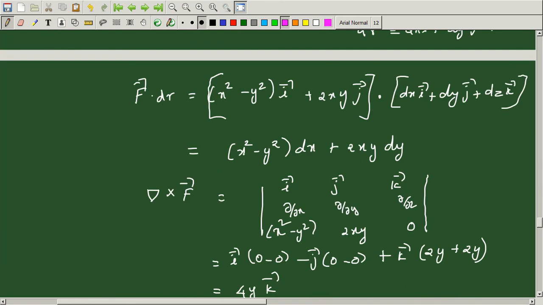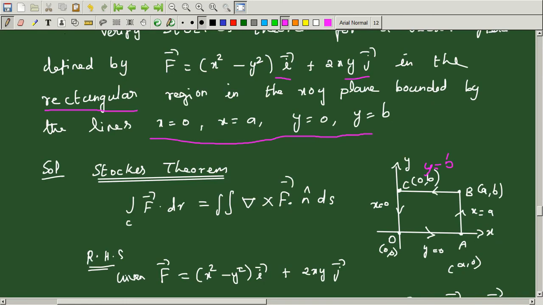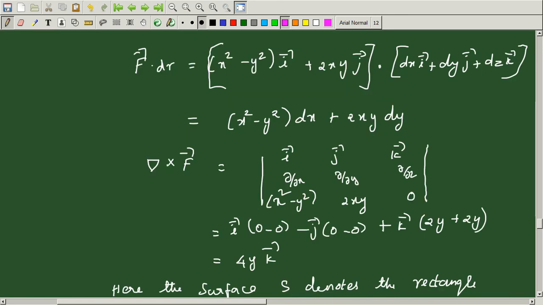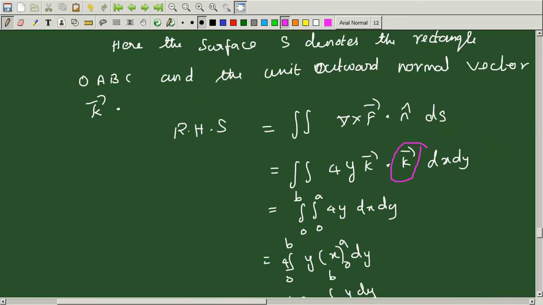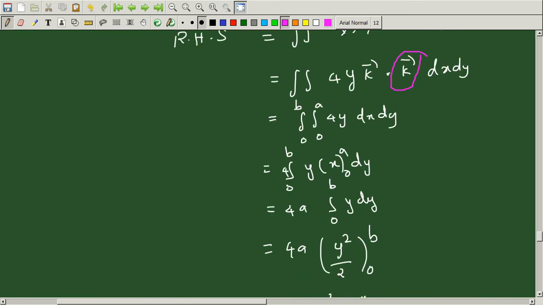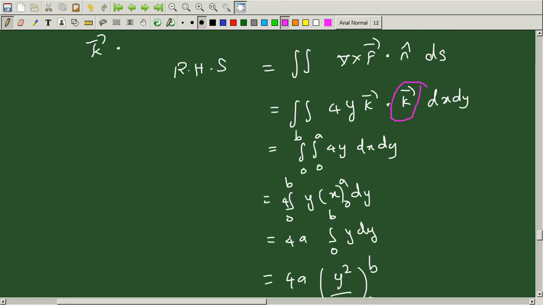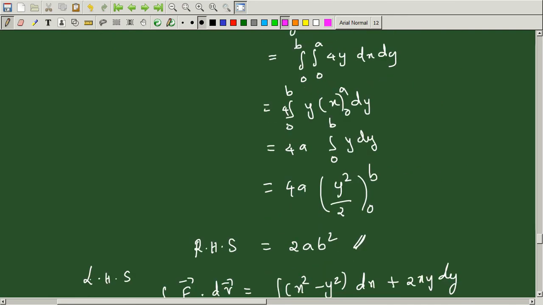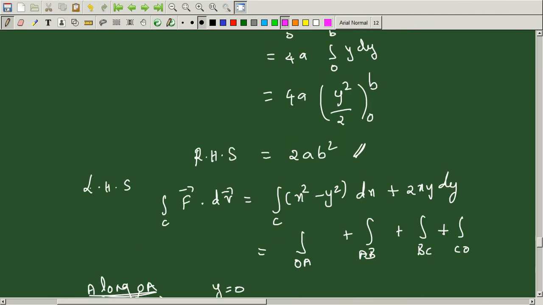We need to calculate only a single surface because they gave a rectangular region. Then k dot k is 1, remaining 4y like the previous problem. Doing the integration, we get 2ab square like the previous problem.